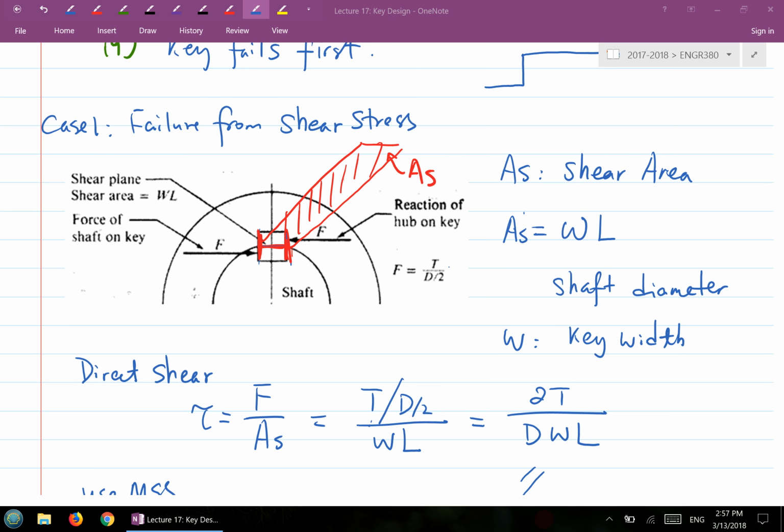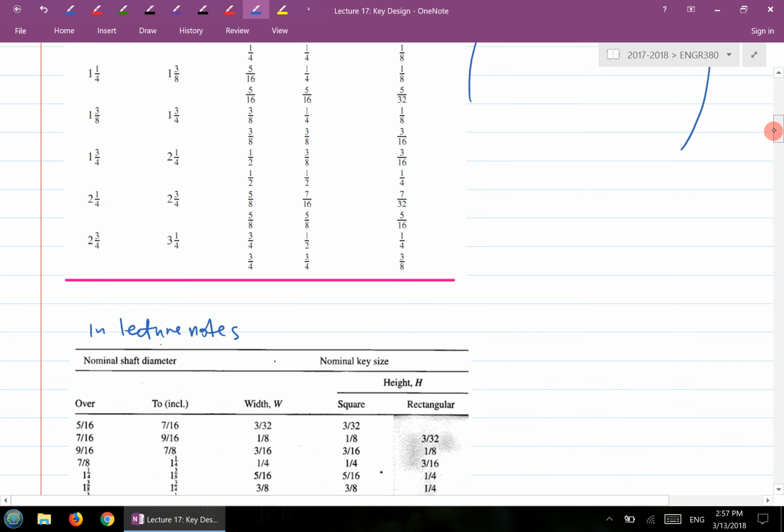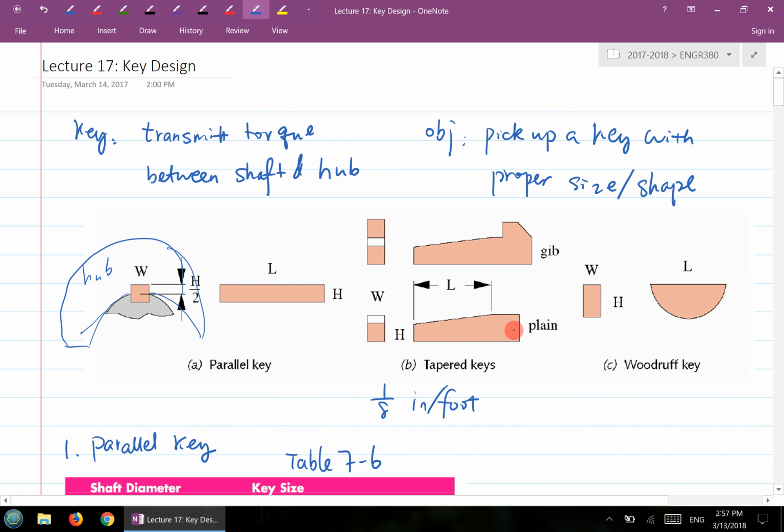For something like a plate key or a gib key, then our area would change. That's right. If you're using gib keys, you still need to justify by calculating the area. If you're using a Woodruff key, the next week's tutorial has one that will show you. If you use a Woodruff key, there's this much in the shaft, there's this much in the hub, and you will have similar bearing stress here and there, and direct shear stress. So there's still a calculation involved here.